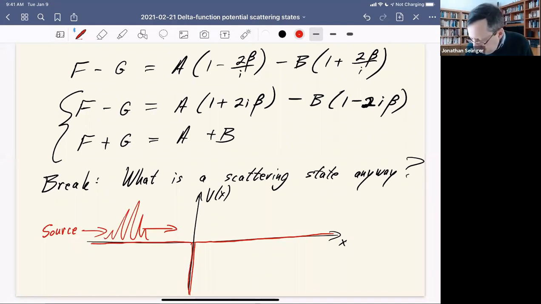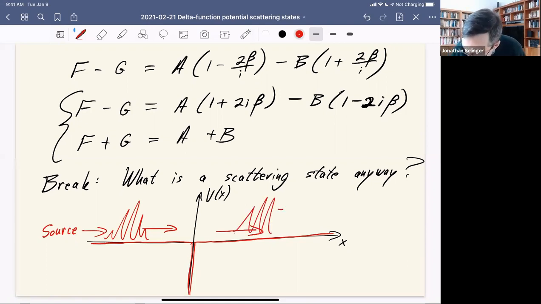Now, that particle will interact with the delta function potential that is sitting there. And then, what can happen? Well, one possibility is that it can get through. So you can have more waves coming out in this direction.